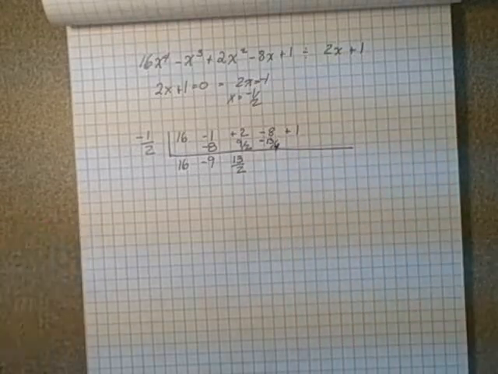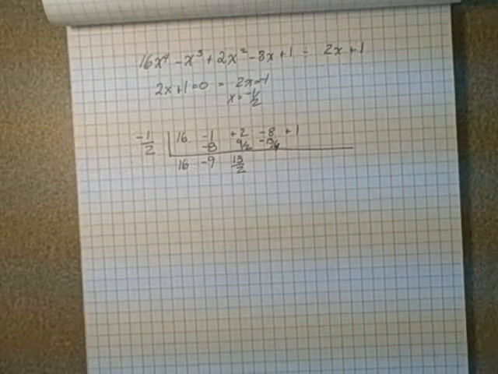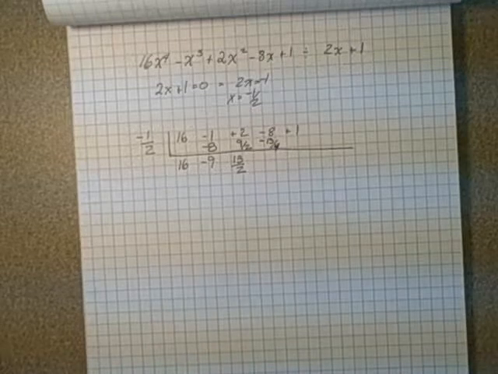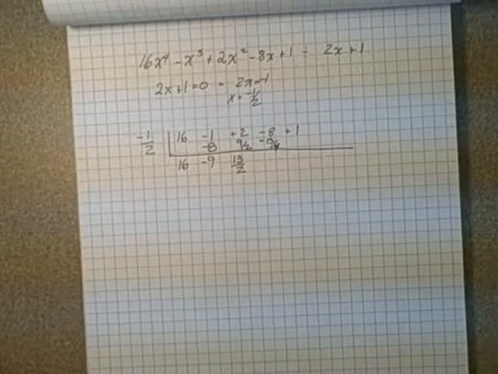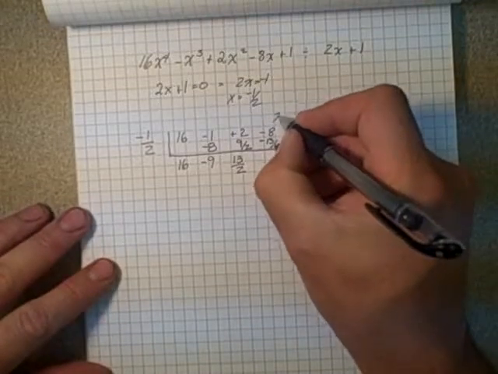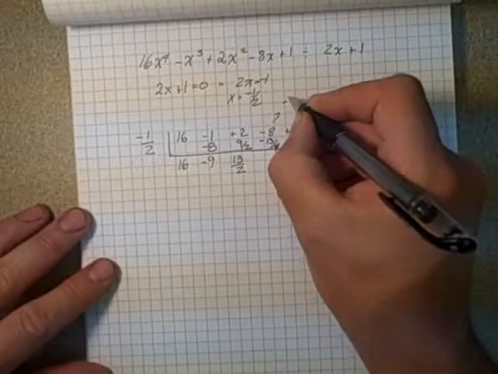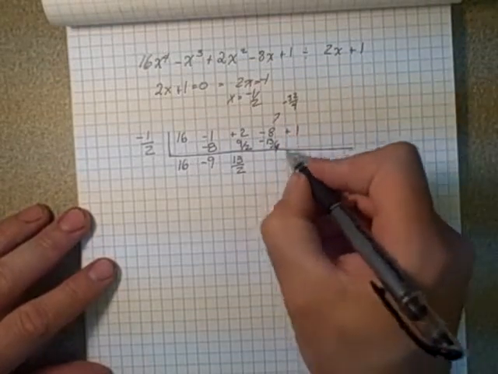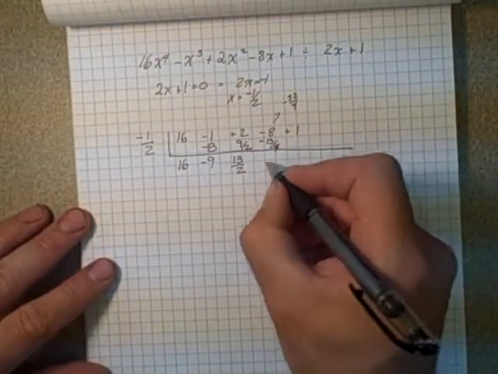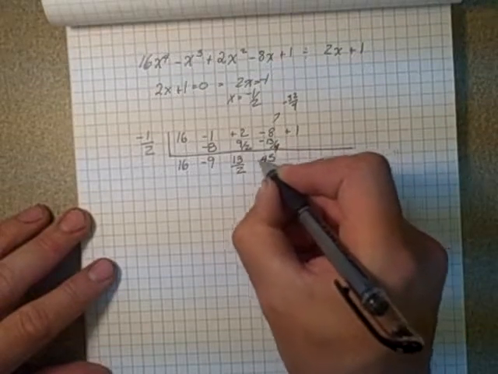Okay, so again, we're going to add here. Now, negative 13 quarters is fine, but we have to change the 8 into quarters. So that would be, well, 4 times negative 8. So this would be like saying that this here is negative 32 over 4. So that would give us negative 32 and negative 13 gives us negative 45 over 4.